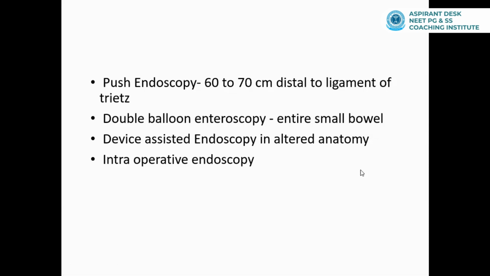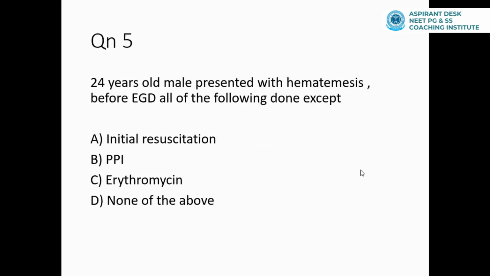And in case of altered anatomy, device assisted endoscopy could be useful. The other thing is intraoperative endoscopy. If everything fails to identify the source of bleeding, then do a laparotomy, do an enterotomy, and go ahead with a small caliber colonoscope or endoscope to localize the bleeding site. That is the intraoperative endoscopy.